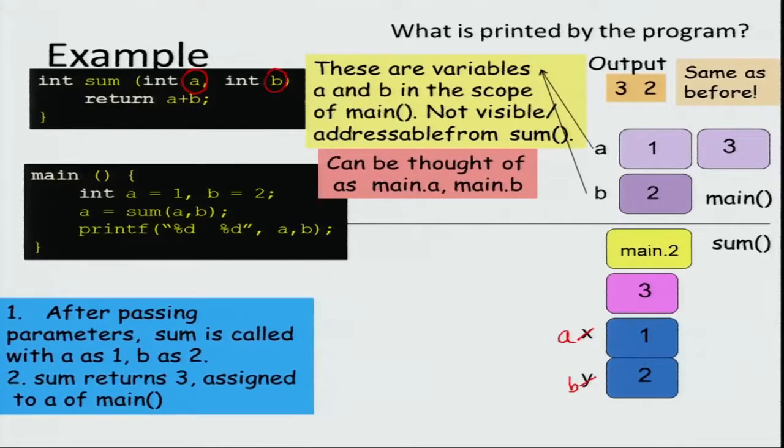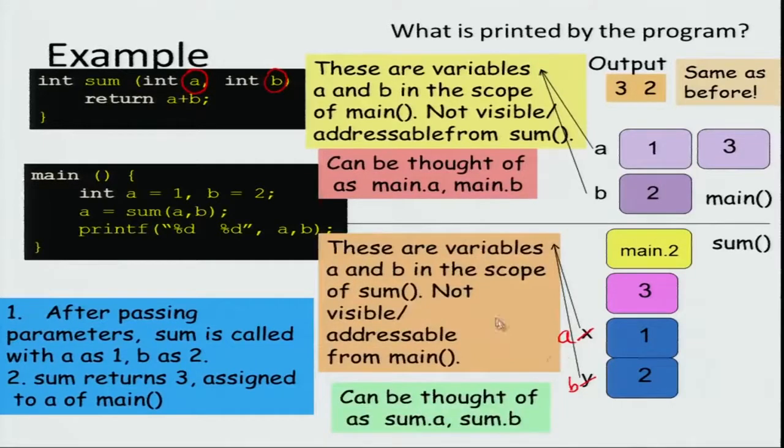In other words, the a and b inside sum have scope just in this function. They are not visible or addressable outside, especially in main. If you want to think of it, you can think of them as sum dot a and sum dot b.